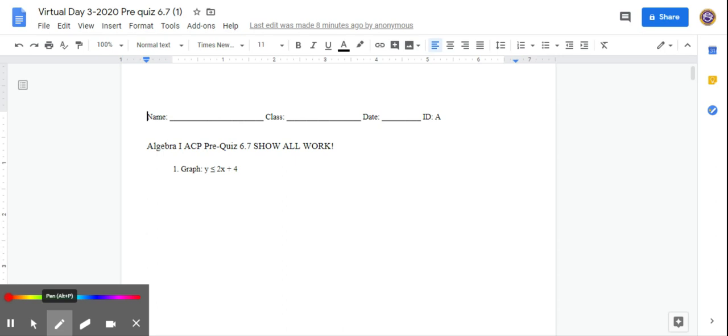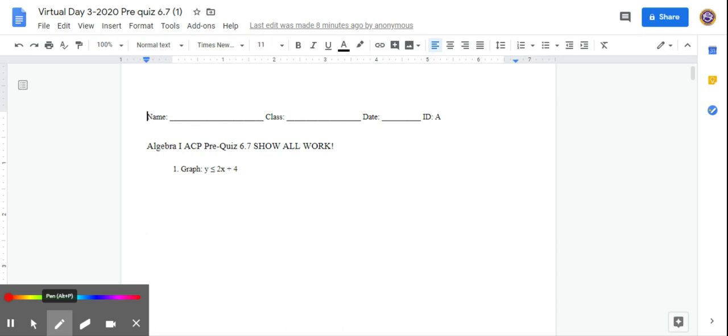It's going to be solid if all the points are included, so that means if there's an equal sign underneath the inequality. It's going to be open or dashed if it's not included. Therefore, it's not going to have the equal sign. It's just going to be less than or greater than.